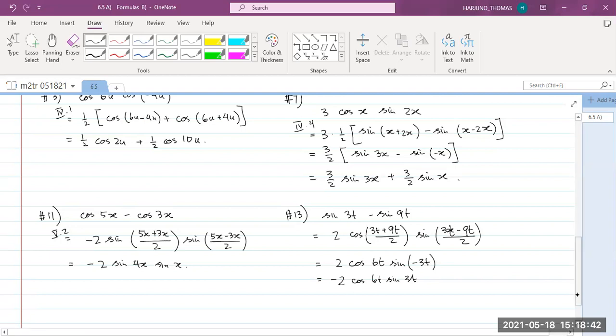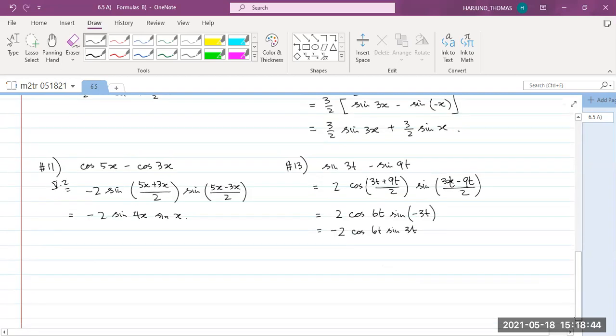Number 17. That's proving. Proof: sine 4t plus sine 6t over cosine 4t minus cosine 6t equals cotangent t.